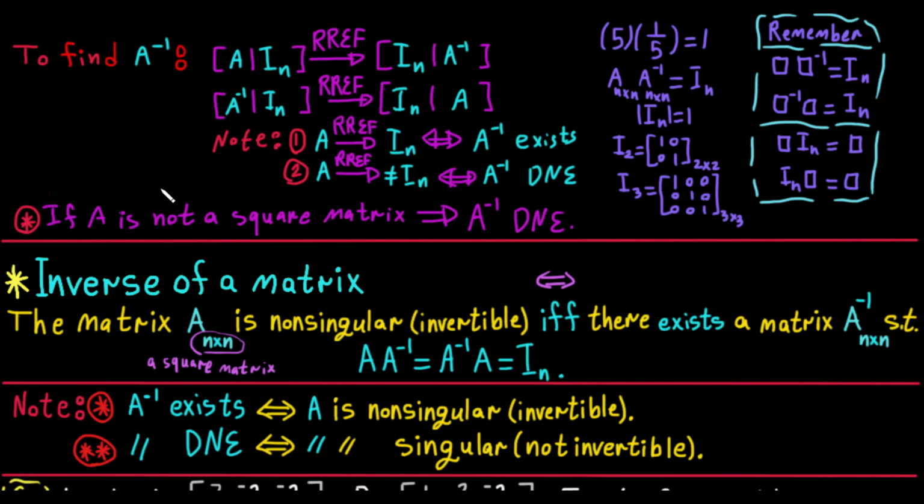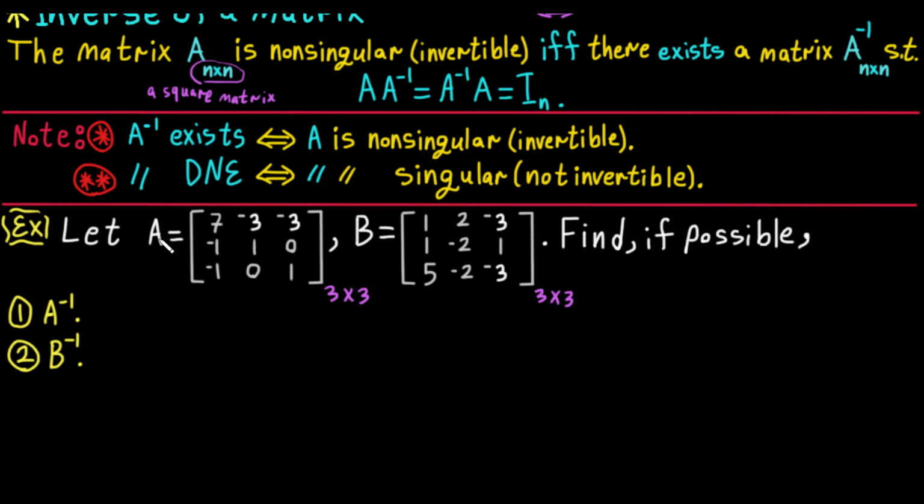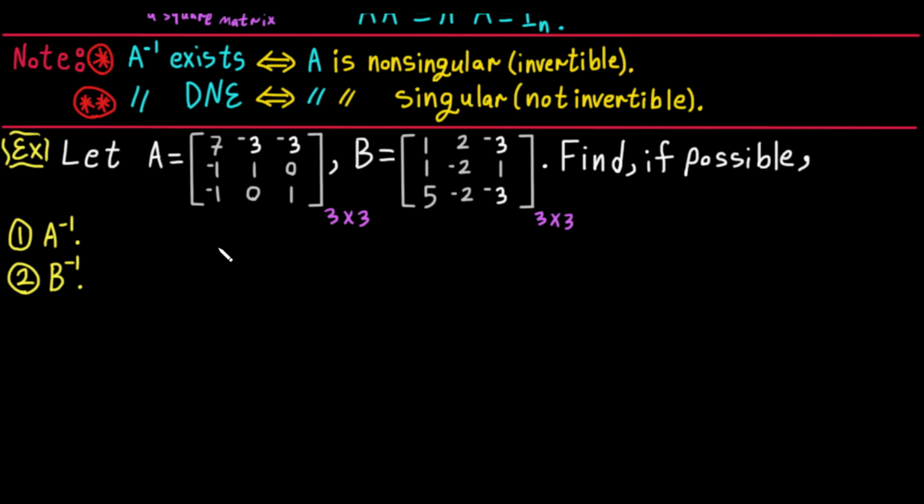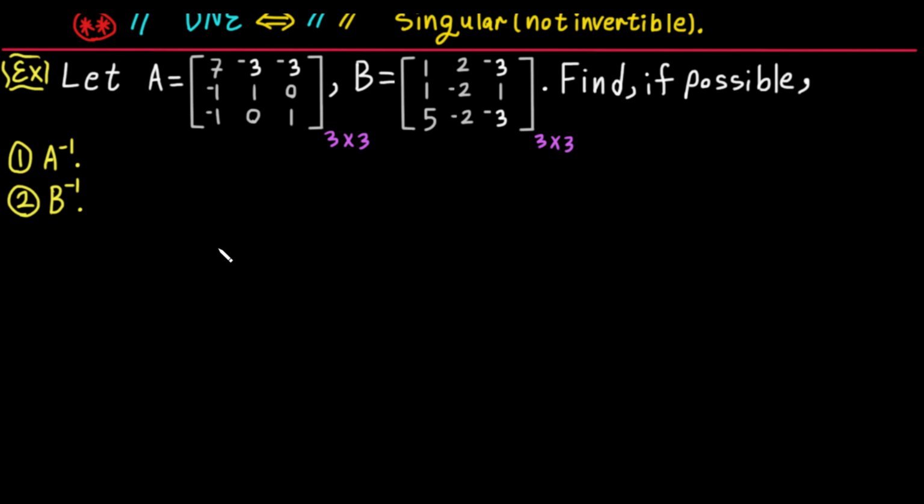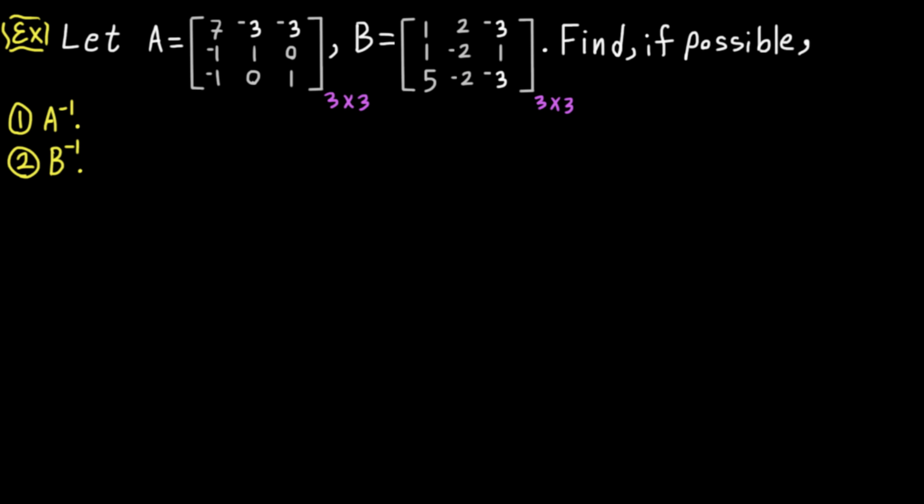So now let's solve this one. Now let's solve this A inverse. After A, I have to write the identity matrix with size 3, because here it is 3 by 3.